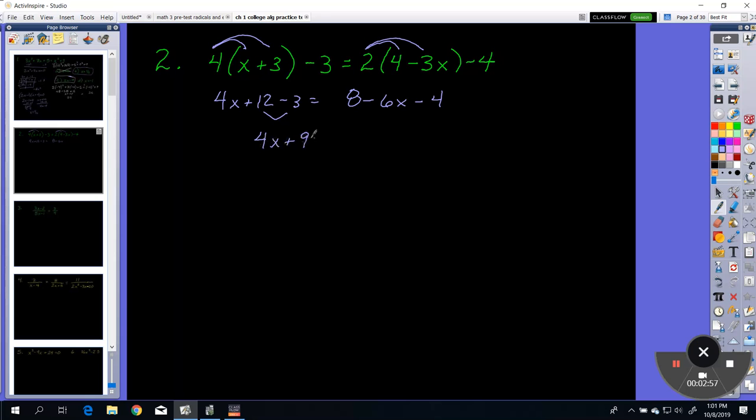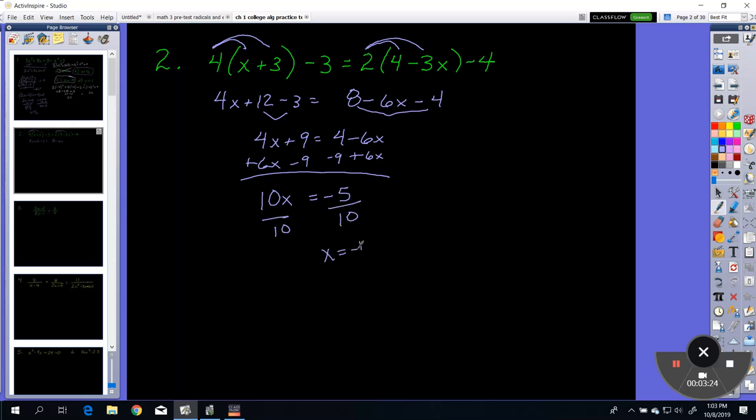So 4x plus 9. 8 minus 4 is 4 minus 6x. Then I add the 6x over to this side. When we add the 6x, we get 10x. Then we get rid of the 9, so I minus the 9 over. So that makes -5. Divide it by 10, and x equals -1/2.